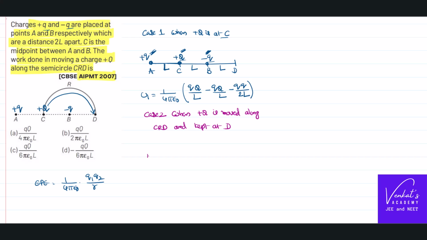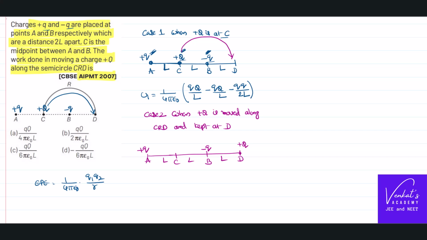Same diagram. This is A, this is C, this is B, this is D. At A there is plus q, at B there is minus q, that doesn't change. But this capital Q is moved from C to D. Now capital Q is here. Distances between them are L.